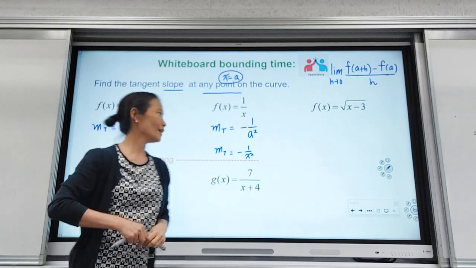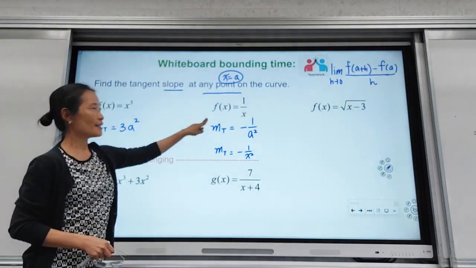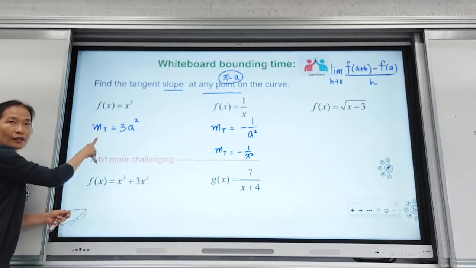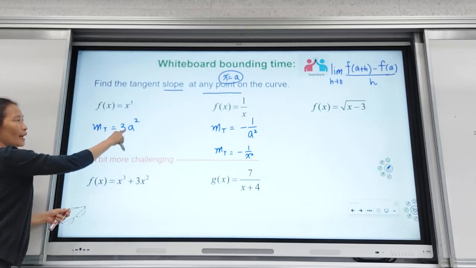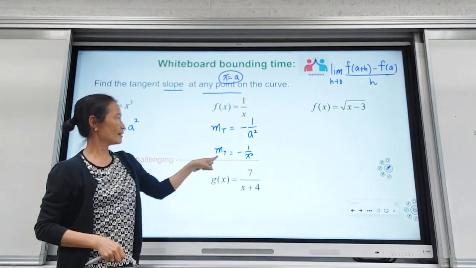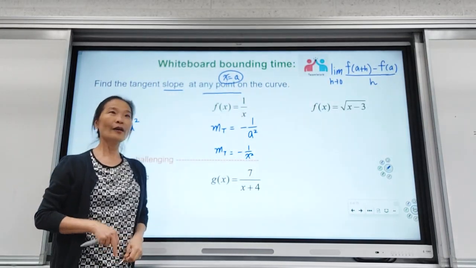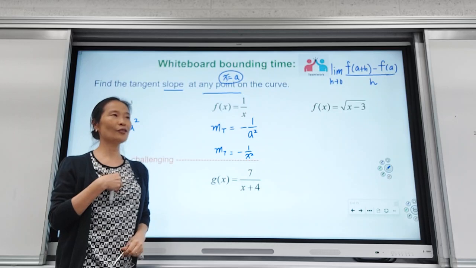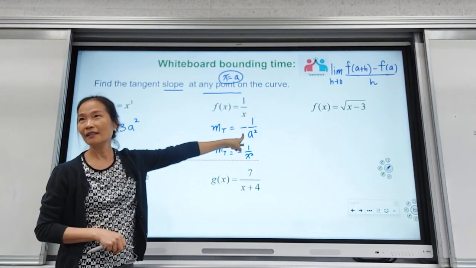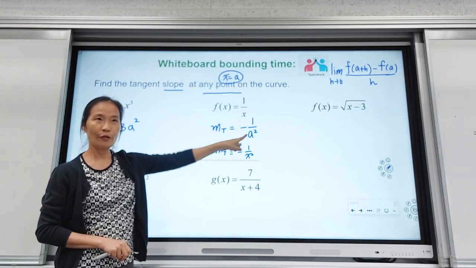Some are using multiply by the conjugate right here, and then simplify. So when we find the slope of tangent in terms of a, it is 3a squared. If the function is 1 over x, it's going to be negative 1 over a squared. So now if I say I want to find the slope of tangent at x equals 1, you just substitute that in, right? Or x equals 2, a is 2, negative 1/4.